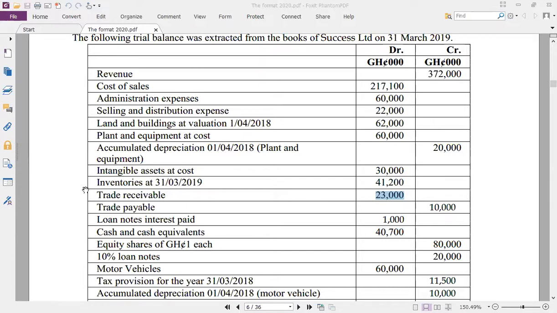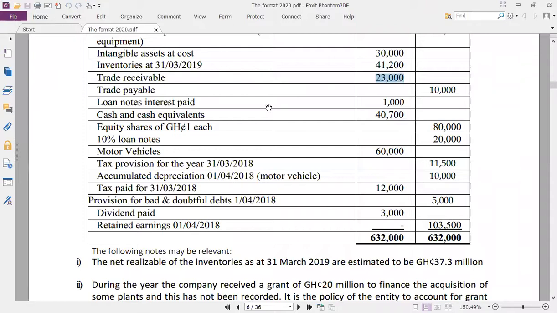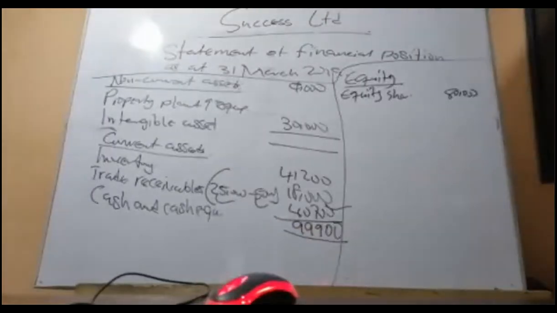So the retained earnings also has an opening balance. That is the last figure. Let's go down to the last figure. 103,500. So now what we do is this.